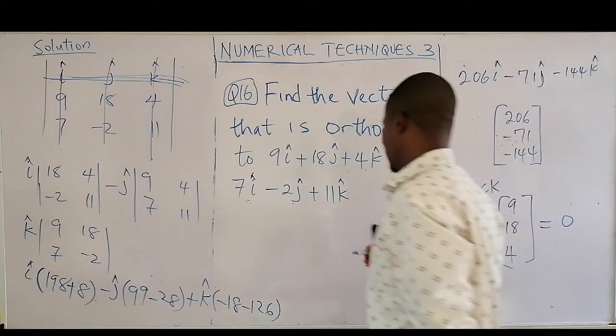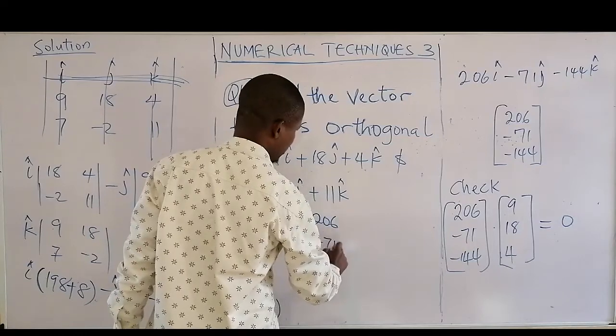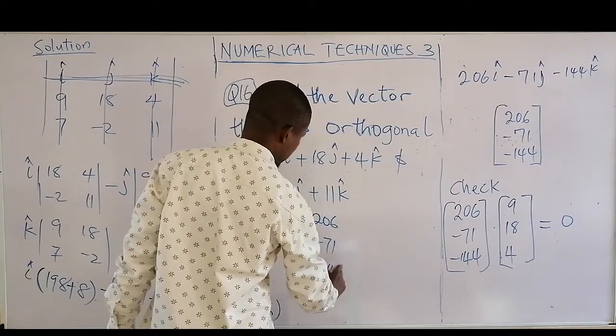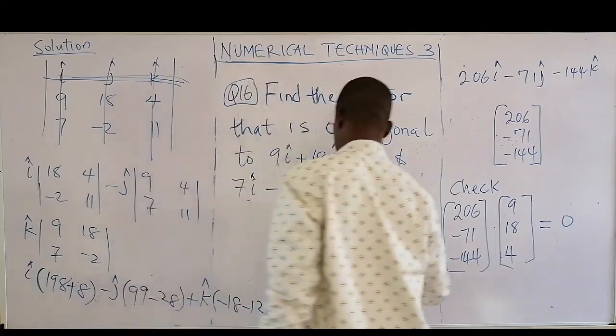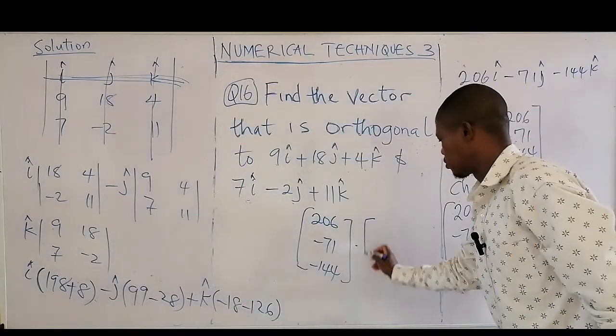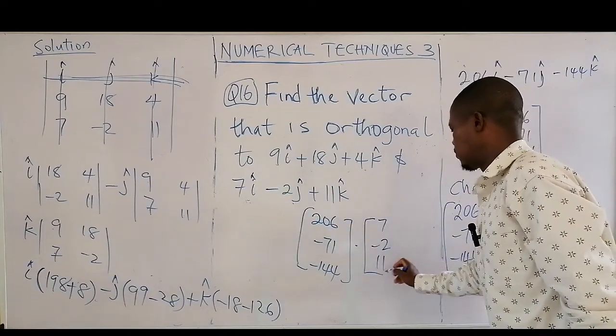Then the second one, do the same thing also. 206, minus 71, minus 144, the dot product with the second vector, that's 7, minus 2, 11.